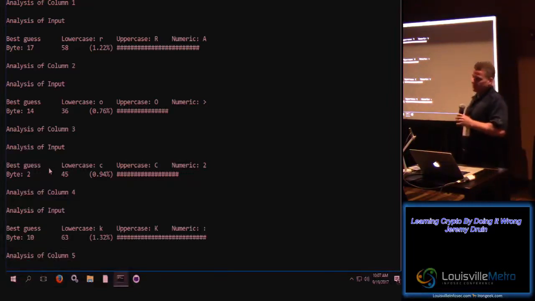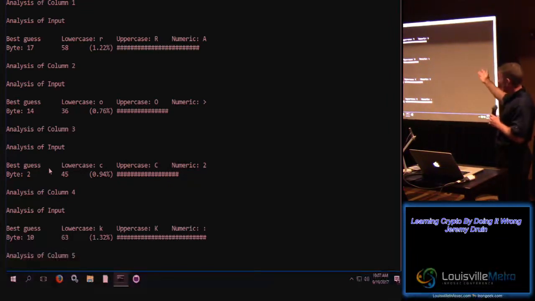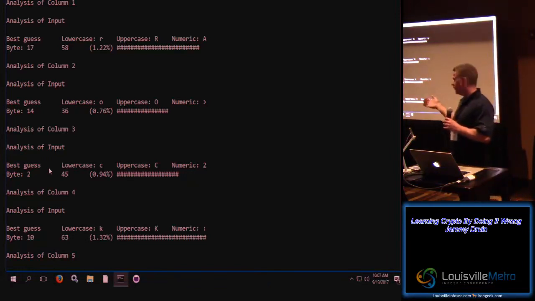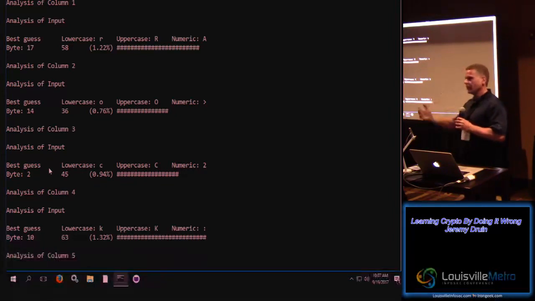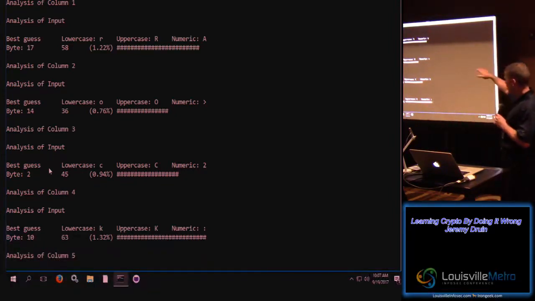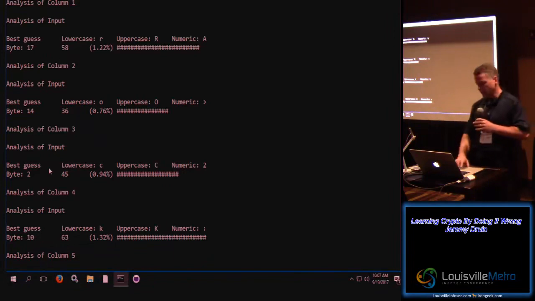So the computer says, well, I'll just subtract 0 from that. It's probably right. And it gives us the letter R. Then byte 14 is by far the most popular for the second column, and so it says, I'll just guess that that's an O. And it repeats this process for all 8 columns.